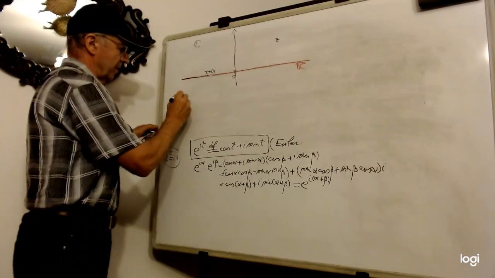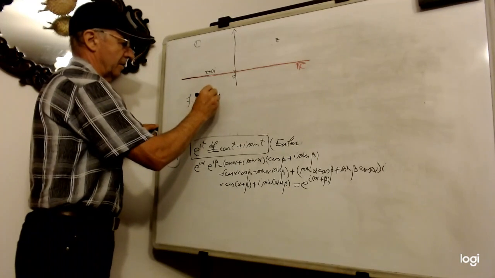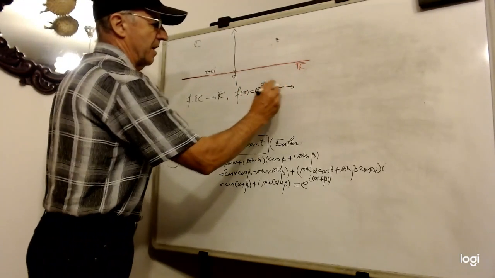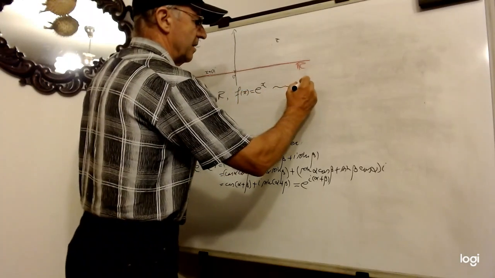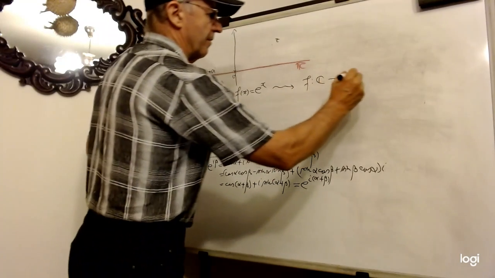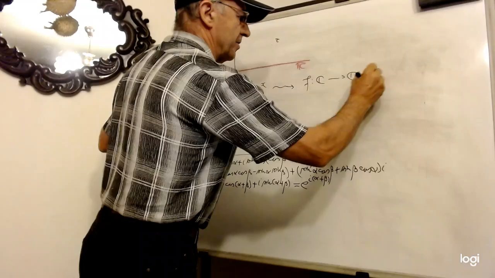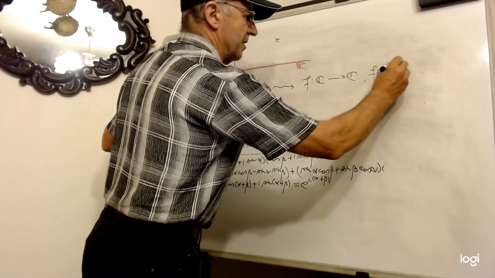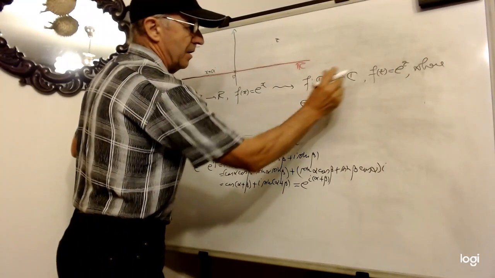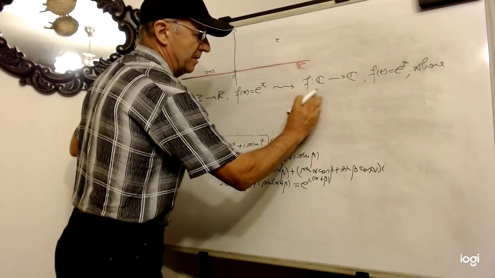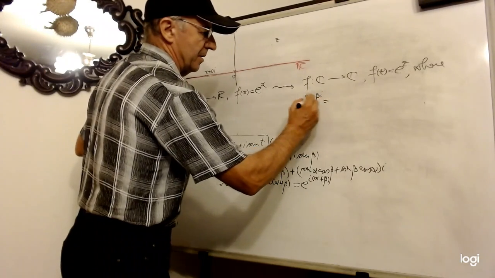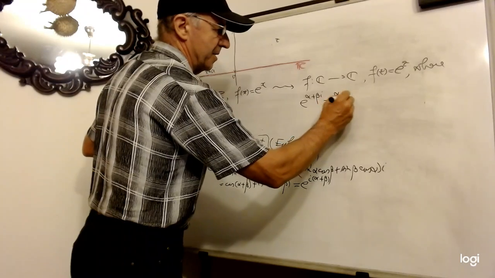So the real function of real variable f from R, f of x equals exponential of x, has an extension outside the real axis: the function f from C to C, defined, using the same notation, by f of z equals exponential of z, where for z with real part alpha and imaginary part beta, that is alpha plus beta i, exponential of z equals exponential of alpha times exponential of beta i.